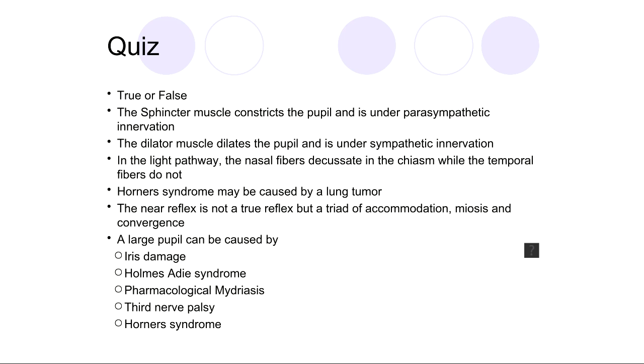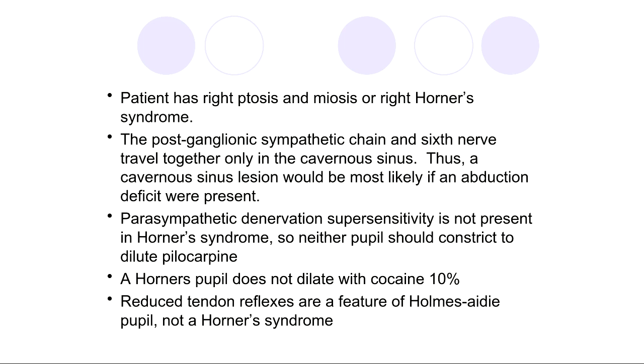In the right pathway, the nasal fibers decussate in the chiasm, while the temporal fibers do not. I think it's both, but I don't know if I remember it correctly.